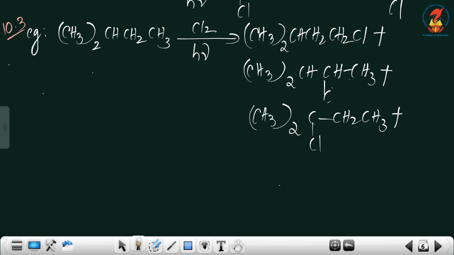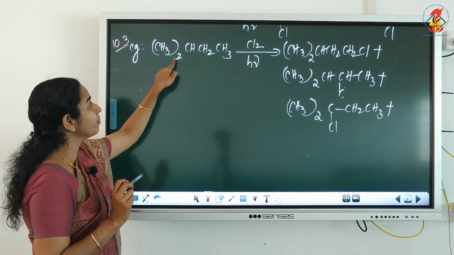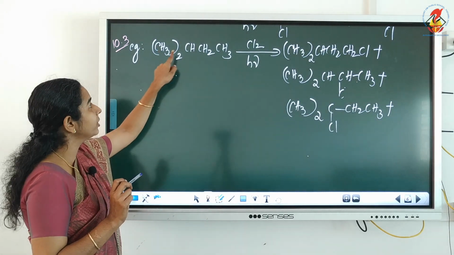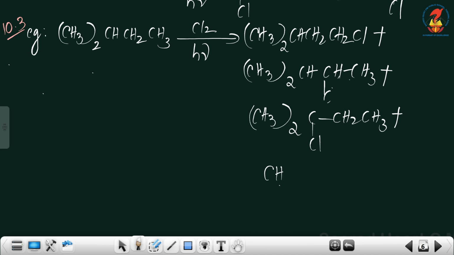from hydrogen I am replacing from any one of these methyl groups, because these two methyl groups are the same, as both are attached to the same carbon. So I am replacing hydrogen from only any one CH3 group, so it will become CH2Cl, CH, and the other CH3 will remain as such, CH2CH3.